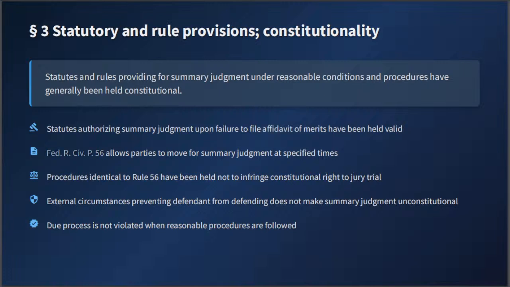Federal Rule of Civil Procedure 56 allows parties to move for summary judgment at specified times, as we saw. And when's the latest you could do it? No later than 30 days after the final discovery. Procedures identical to Rule 56 have been held not to infringe the constitutional right to jury trial. So, if a state has rules, local rules, and they're identical to Rule 56, it's been held that they do not infringe the constitutional right to jury trial.